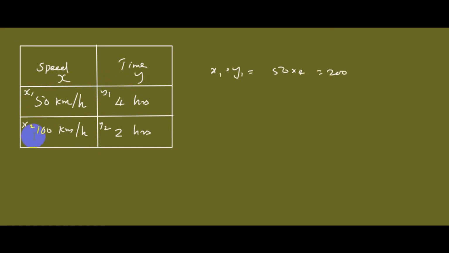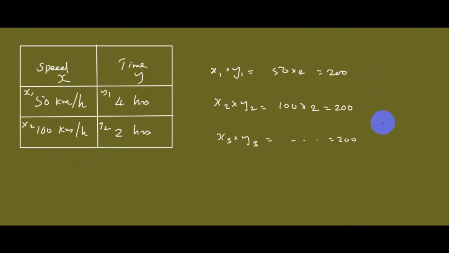What about x2 into y2? We see x2 into y2 is equal to 100 into 2. Again it is 200. If we had written some x3 and y3 values here, when we multiplied x3 into y3, we would get 200 again.